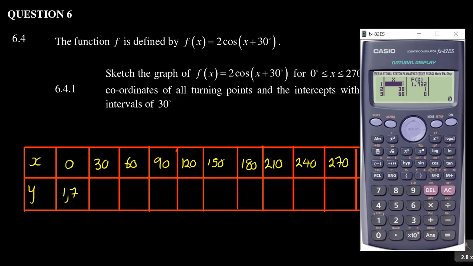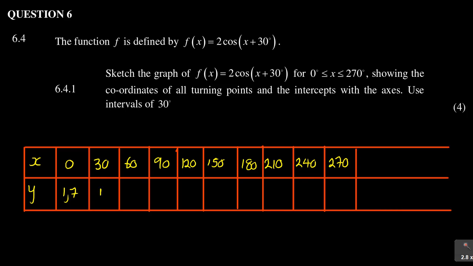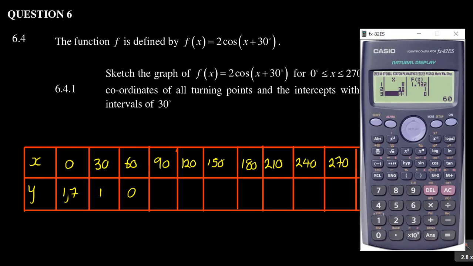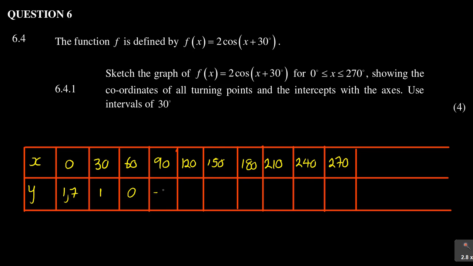Then 30 is 1, 60 is 0, and 90 is minus 1. 120 is minus 1,7. We can actually ignore that and focus on 90 only as being minus 1. This one we can just leave out because it has a lot of decimals.